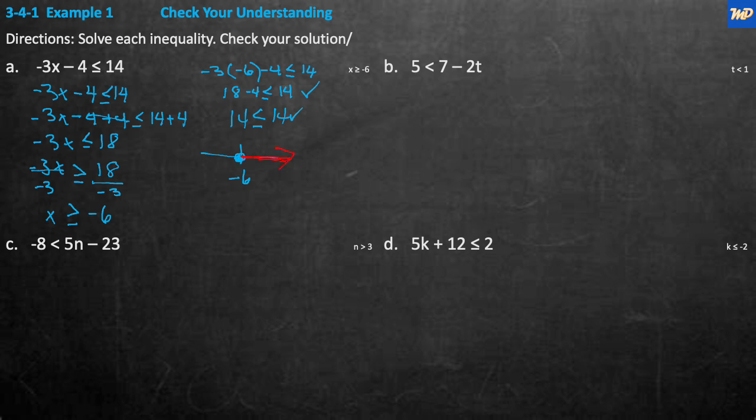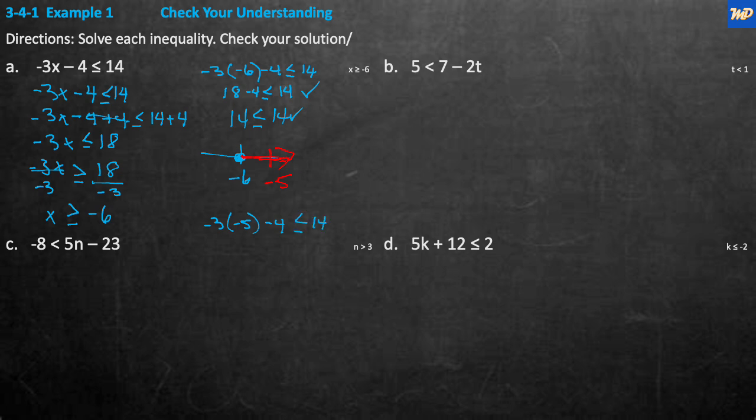That means we can pick, let's pick negative 5. If we put negative 5 in, negative 3 times negative 5 minus 4, is that less than or equal to 14?